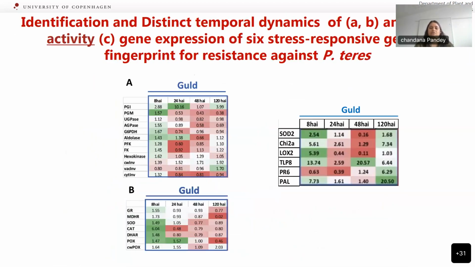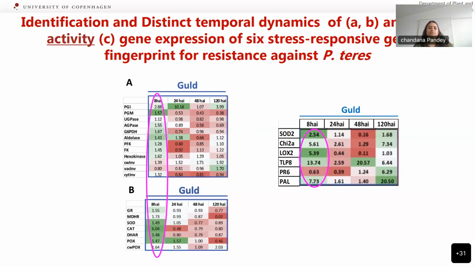And this is just one example. This Gold is the barley cultivar, and it is a very resistant cultivar for Pyrenophora teres. Here we observe the very early activation of defense mechanisms by an increase in the activity of all the carbohydrate metabolism and the antioxidant metabolism, which is shown here.